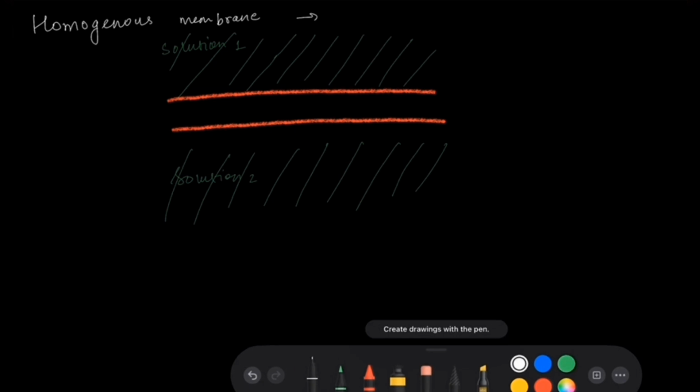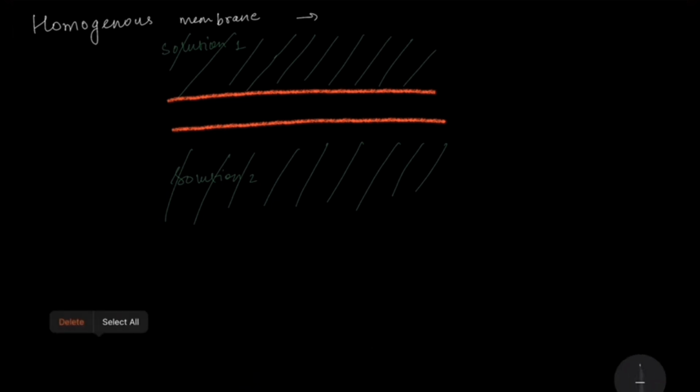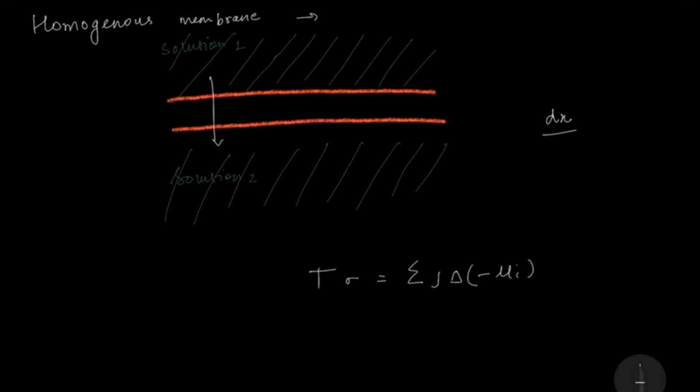The dissipation function is considered for the element dx. Now a small dx of a membrane is taken, which is written in the form of T sigma, the sum of Ji times mu i, where Ji is the flux, the vector flux of the ith component through the membrane, and mu i is the chemical potential.